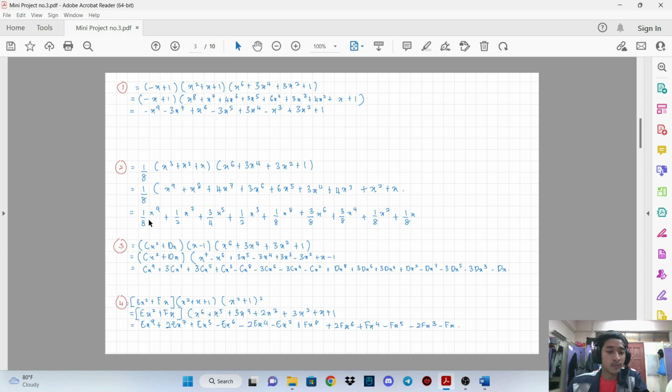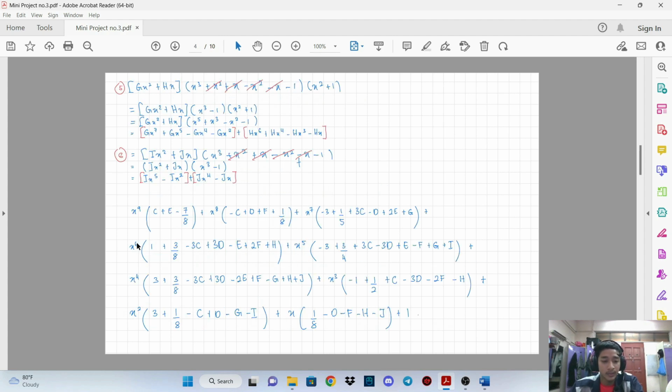We get 1 over 8 x to the power of 9 plus 1 over 2 x to the power of 7 plus 3 over 4 x to the power of 5 plus 1 over 2 x to the power of 3 plus 1 over 8 x to the power of 8 plus 3 over 8 x to the power of 6 plus 3 over 8 x to the power of 4 plus 1 over 8 x squared plus 1 over 8 x, and the same for the others like this.